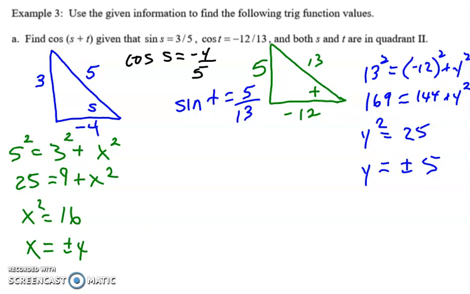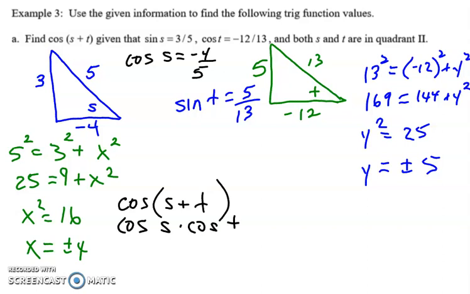So now we know the sine and cosine for both s and t. We can find that cosine of s plus t. So that's going to be cosine of s times the cosine of t minus sine of s sine of t.